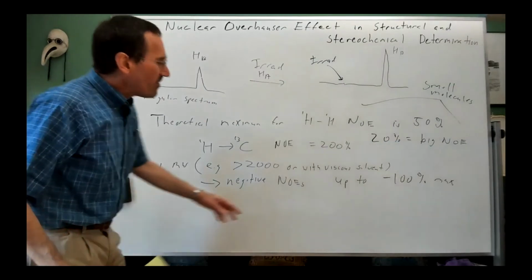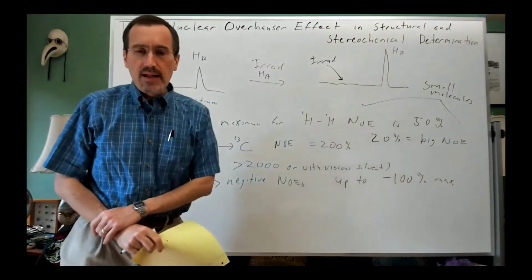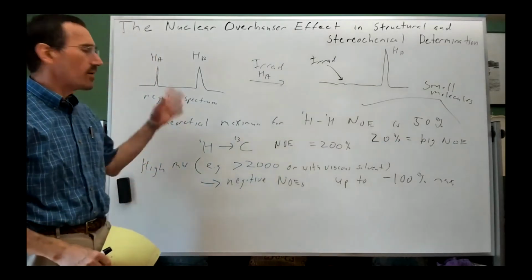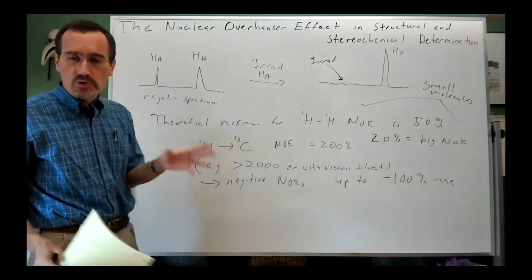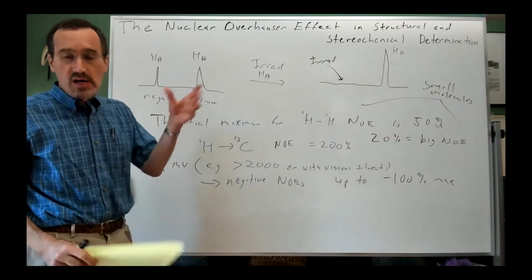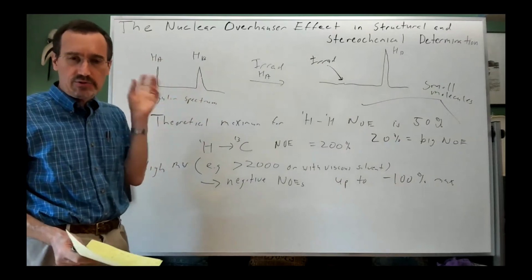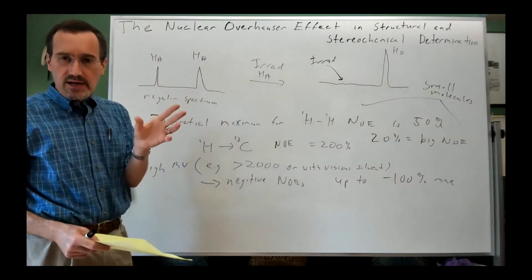So we're going to be focusing on small molecule NMR. And in small molecule NMR, I can tell you that when we're talking about close, we're usually talking about less than 4 angstroms, usually about 2.5 or maybe 3.5 angstroms to pick up an NOE.